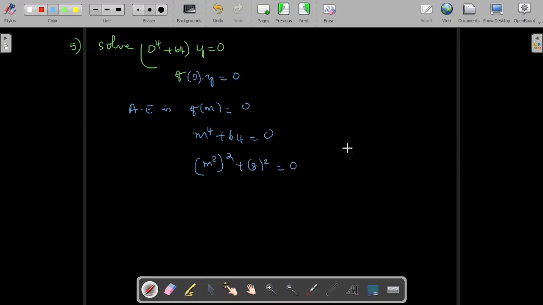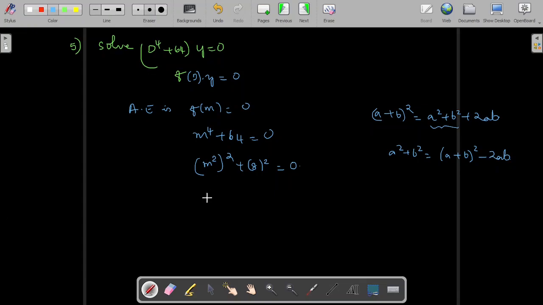Now here we have to make use of the formulas. (a plus b) whole square equal to a square plus b square plus 2ab. But that is directly not available here. We just have a square plus b square. So a square plus b square equal to (a plus b) whole square minus 2ab.